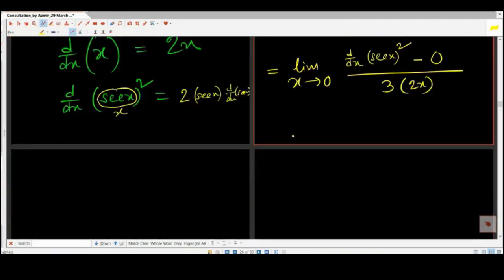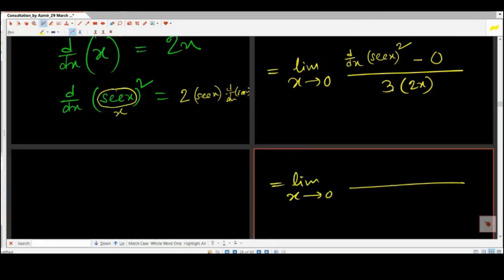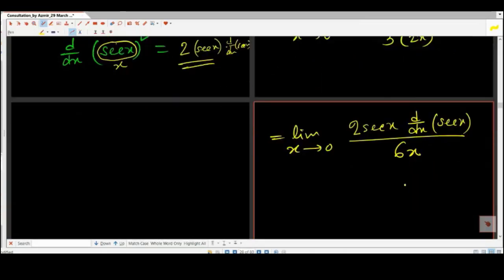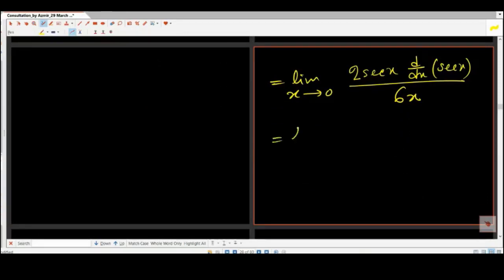This is what we know as the chain rule. So limit x tends to 0. In the denominator we have 3 times 2x, that is 6x. And the differentiation of secant squared x will be 2 secant x times the differentiation of secant x again. Now it is easy.